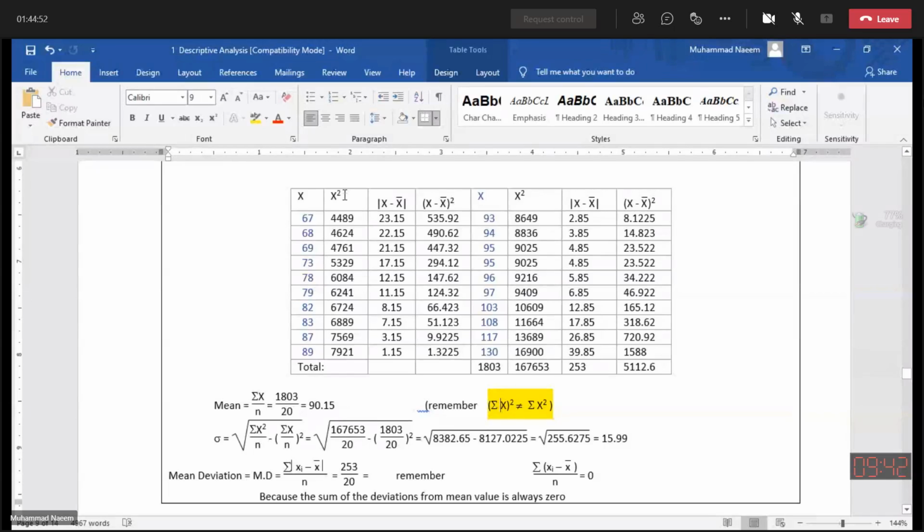Some students don't construct this second column. They just square the sum of sigma x. But sigma x whole square is not equal to sigma x square. Remember this situation. You have to construct a column of x square separately.